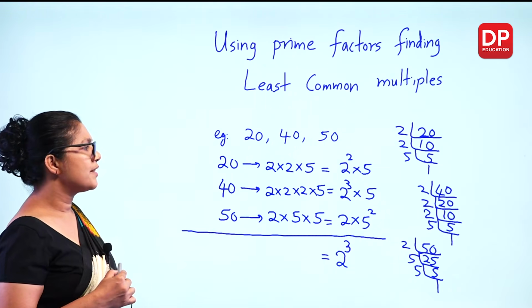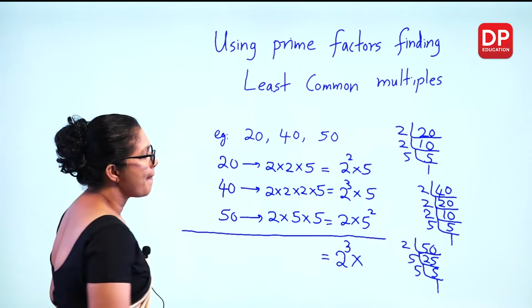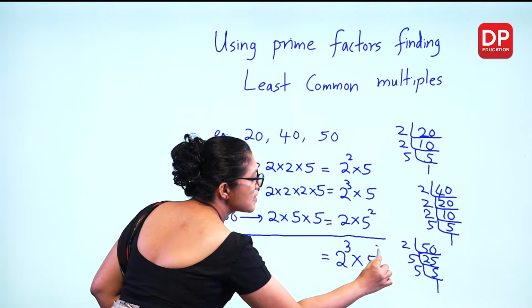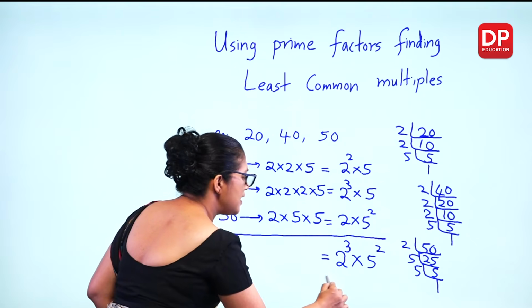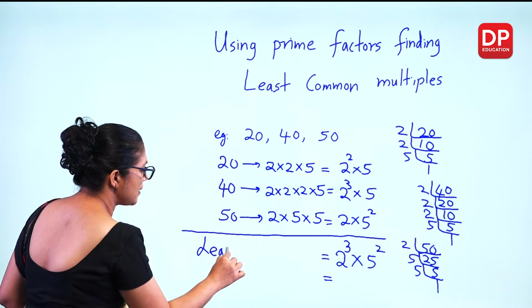What about the highest power of 5? This is 1, 1 and 2. So you have to take the highest power of 5, that's 5 squared. So this becomes the least common multiple.